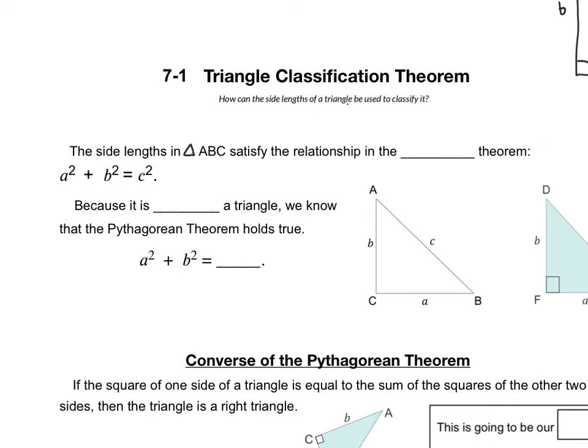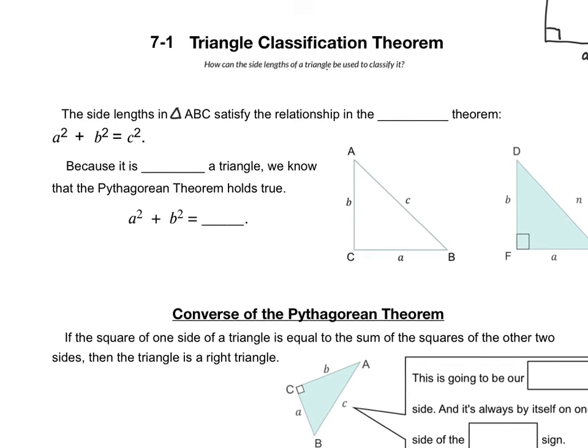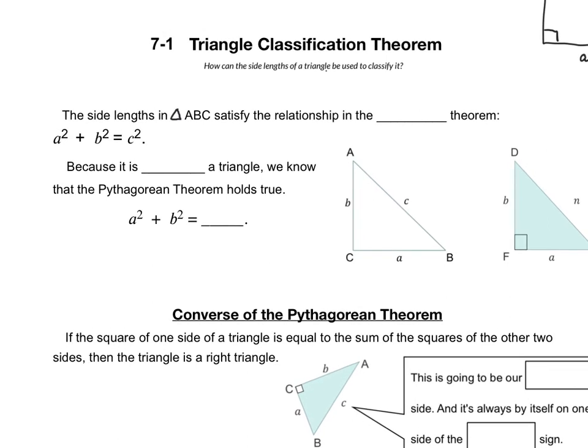Well, we're going to talk about different types of triangles, and of course here the side lengths of triangle ABC satisfy the relationship in the Pythagorean theorem. Again, it's A squared plus B squared equals C squared.